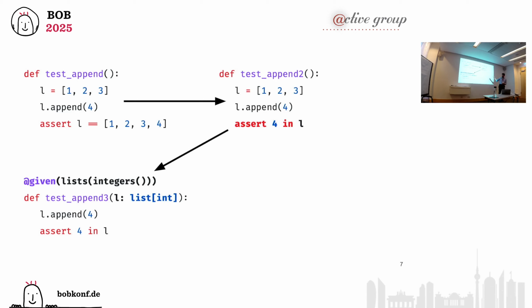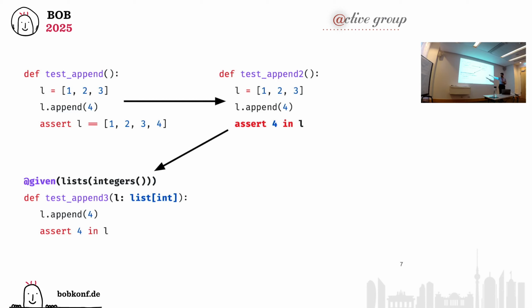And when I'm talking about this list, I'm using this given decorator. It is a function that Hypothesis gives us, and it means that this is a Hypothesis test. So when I run this, Hypothesis is going to take the expression inside the given decorator, and that expression is a generator. Hypothesis knows that, so it's going to sample that generator.